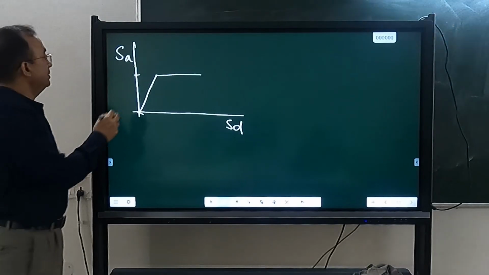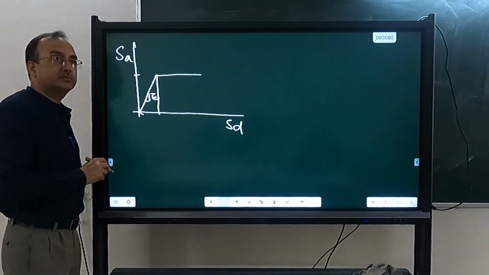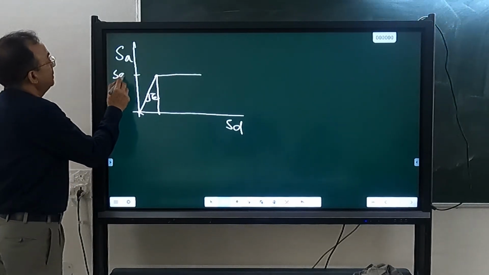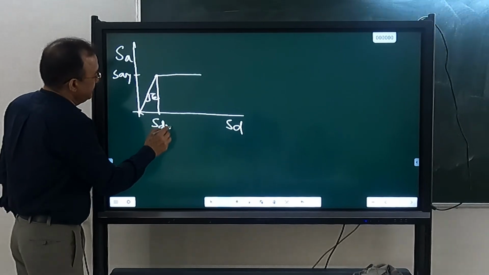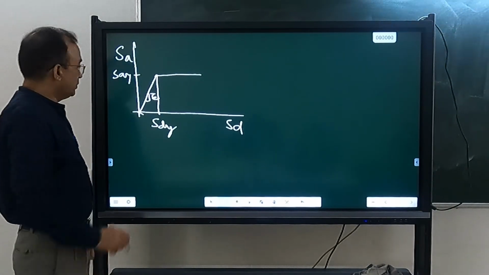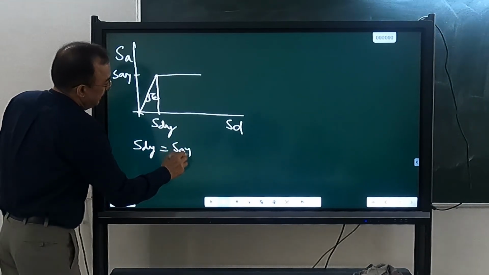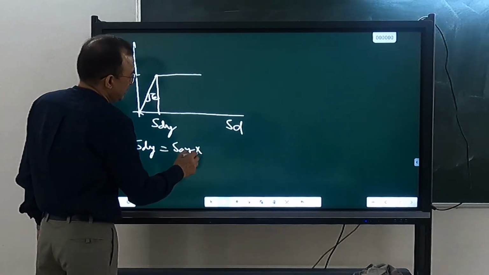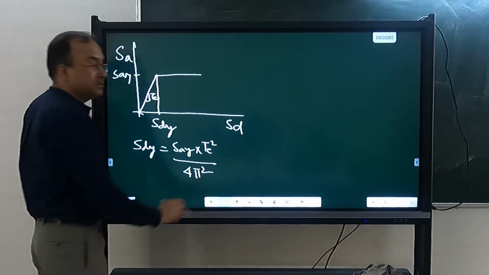This we have to obtain. So you know this period TE, you know SAY. Can you calculate SDY? Because SDY is simply SAY over omega square, so that is SAY times TE square divided by 4 pi square.